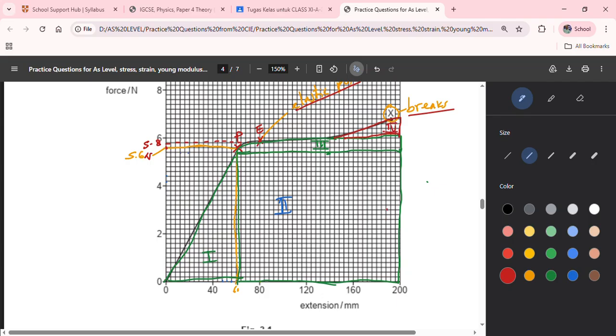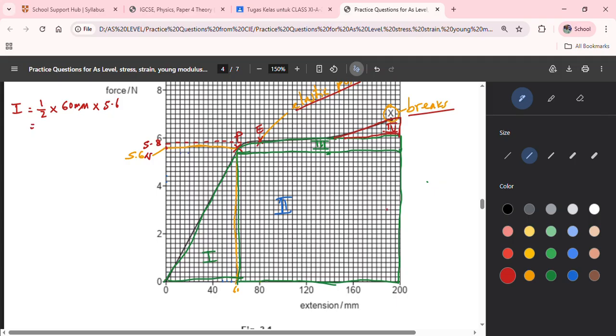Okay, so we calculate number 1. The area is a triangle, half times base, which is 60 millimeters. Don't forget, times height, which is 5.6.